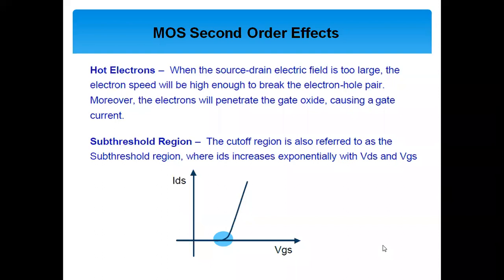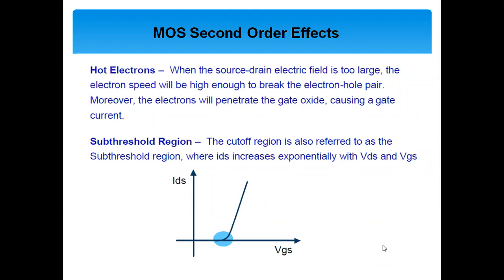The next one is the sub threshold region. What happens in this sub threshold region? First, you have to remember that the sub threshold region is nothing but your cutoff region. Now what happens in it?